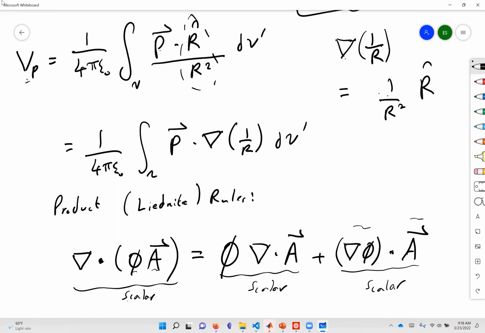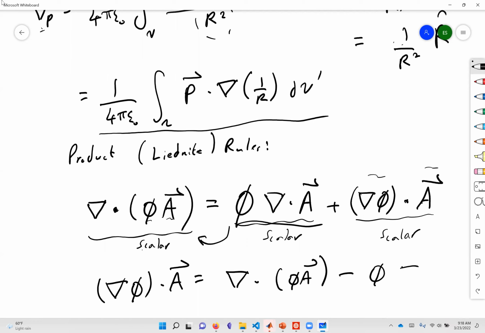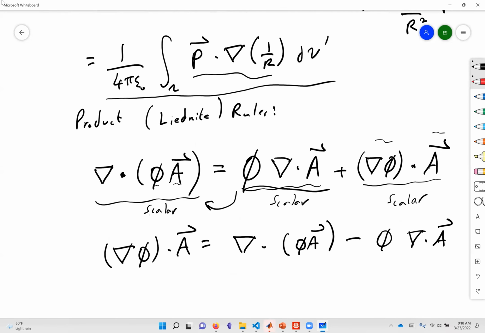Okay, so the point is now we can use this to rewrite this equation. How can we use this? Let me rearrange this: gradient phi dot A equals divergence of phi A minus, taking this to the other side, phi times the divergence of A. I can use this now to rewrite this.